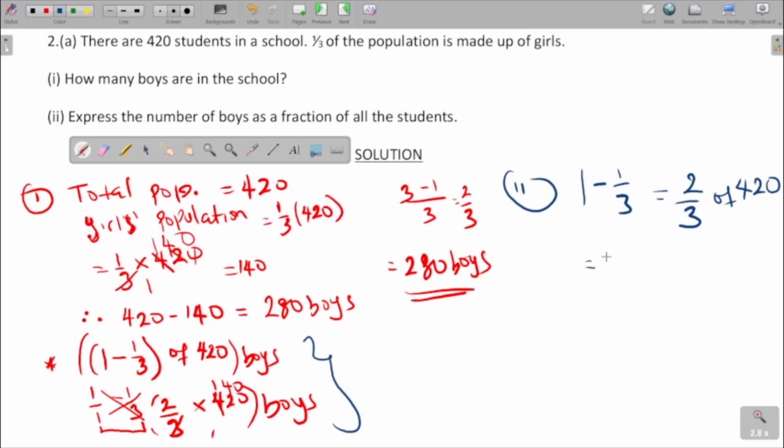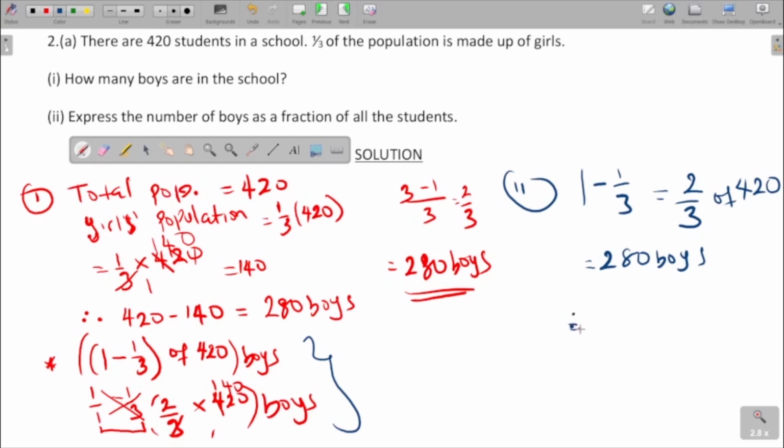If you are getting that, you have 280 boys. Now, for you to express it as a fraction of the population, you don't even need to go through this step. You can just leave it that way. Since we have 280, you just express it as a fraction.